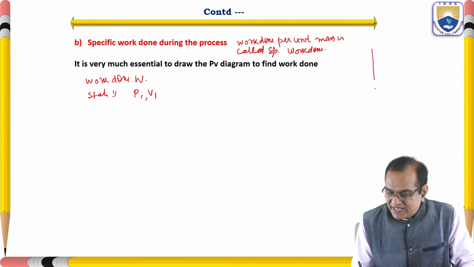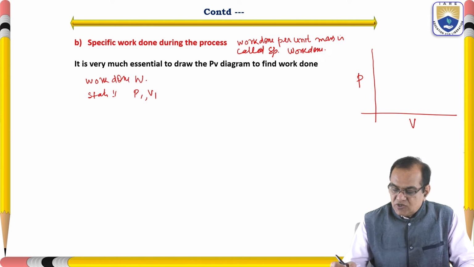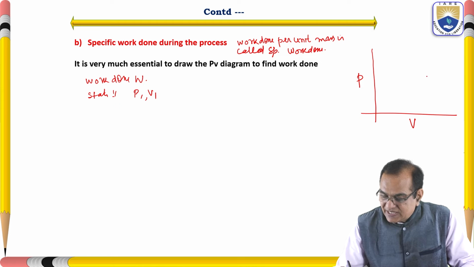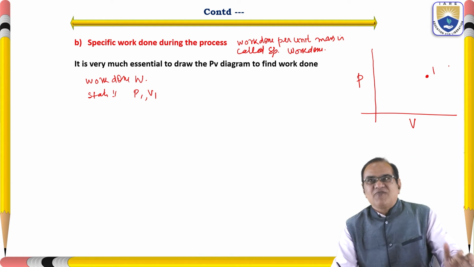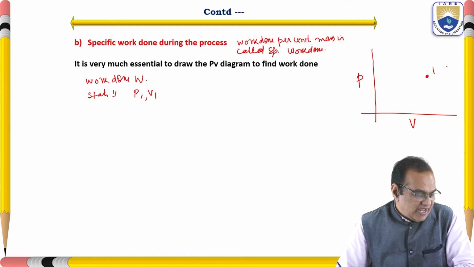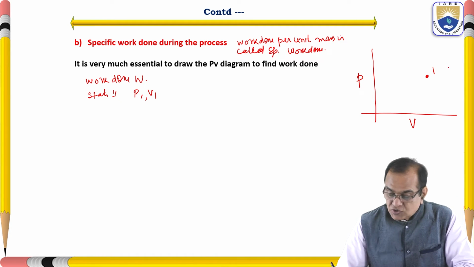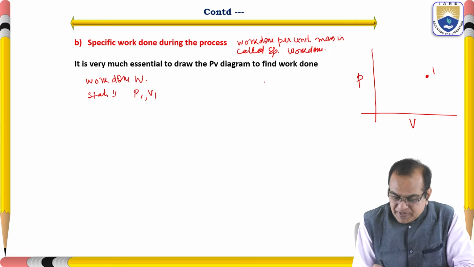So I will draw here, this is the P and this is the V. State 1 is given here, this is the point 1. We have to be very careful about this drawing. I will draw the piston again here.